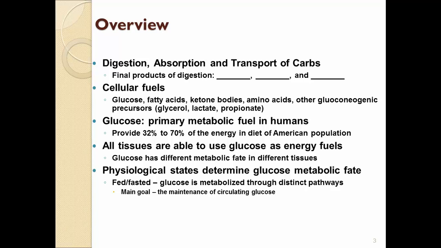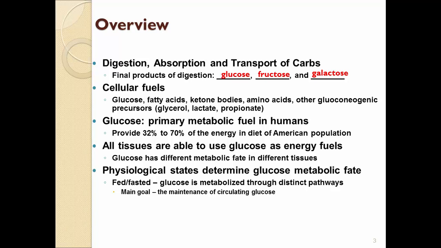So final product of digestion, you guys already know, right? What are the three sugar molecules that eventually can be absorbed? Glucose, fructose, and galactose, right? Okay, so three final products of carbohydrate digestion that can be absorbed into the body and metabolized in the body.